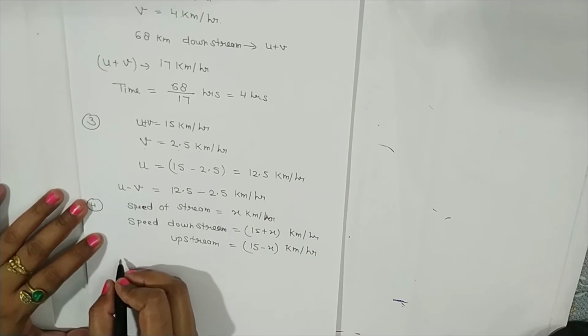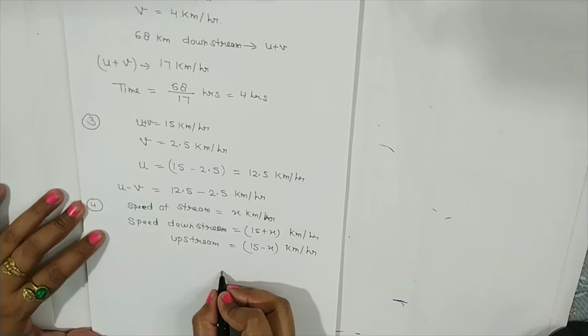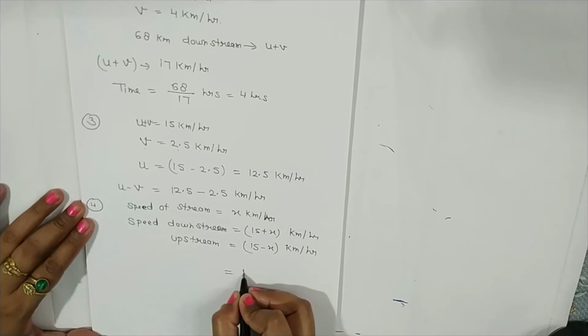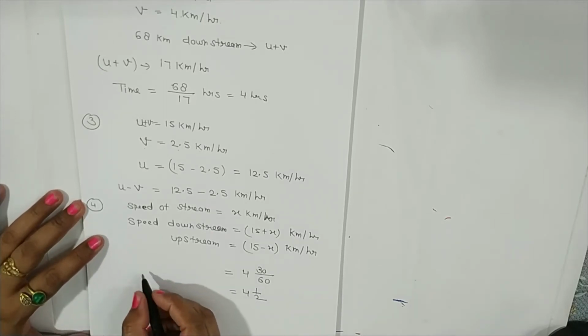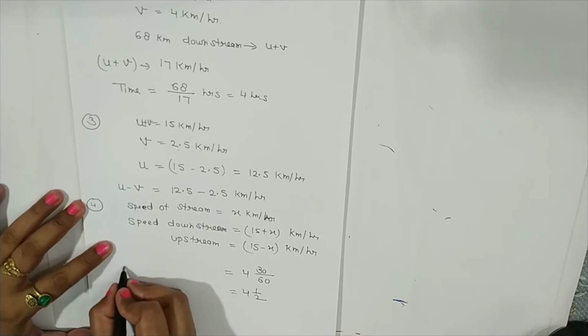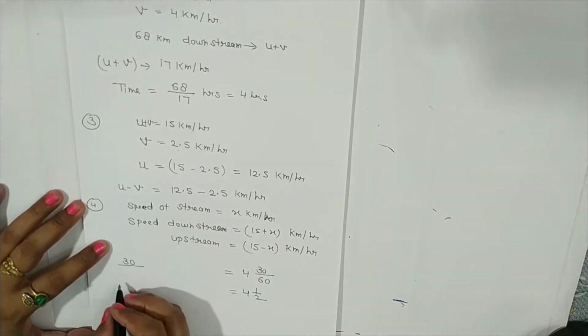Now the total time is 4 hours 30 minutes. So 4 hours 30 minutes, converting into hours, divided by 60, that is 4 1/2. And the same distance is 30 km. So 30 km divided by the speed of downstream, that is 15 plus x.